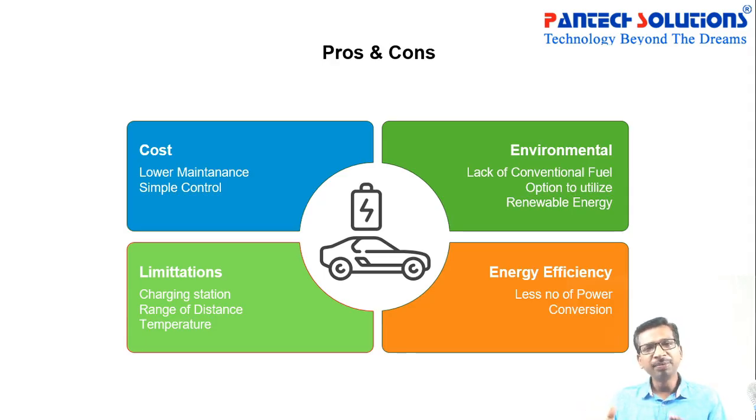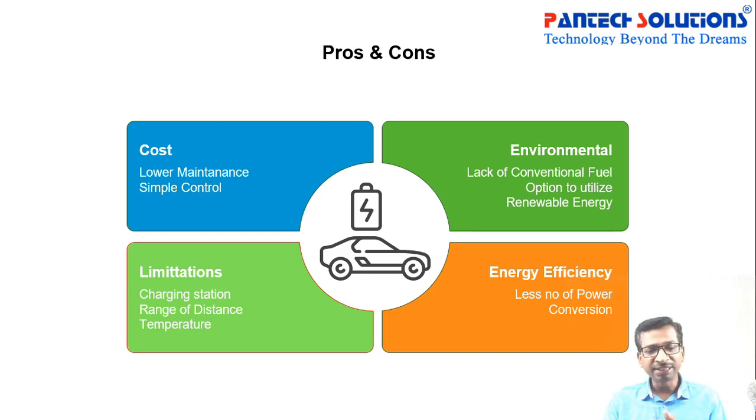And there are some limitations. One is thermal limitations and the charging station infrastructure. As of now, the infrastructure for charging stations is very, very limited. If the entire country wants to move to the EV system, the infrastructure must be improved by 200 to 300% over the current situation.